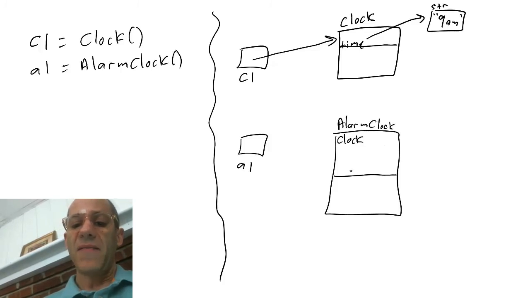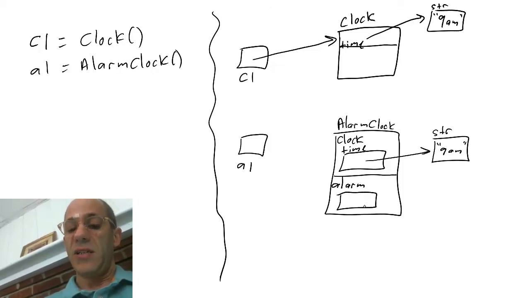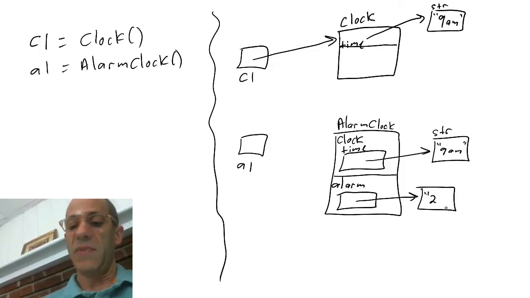So a clock has a time instance variable which references some string, like 9 a.m. And in addition, the alarm clock has an alarm instance variable, which is a reference to another string. In this case, it's the alarm time, which maybe is 2 p.m. That's also of type string, and A1 points to one of these things.